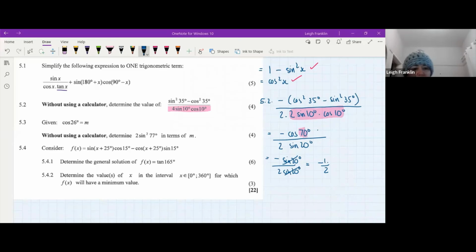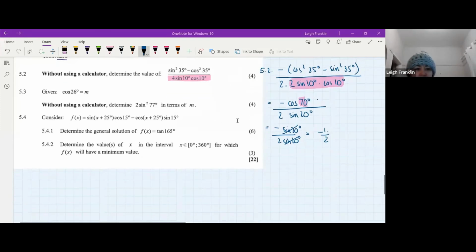Okay, 5.3. Let's do it. Let's smash the beast. Nice, difficult question, isn't it? So this is proper problem solving. Question 5.3. They have given us that cos 26 is equal to m.